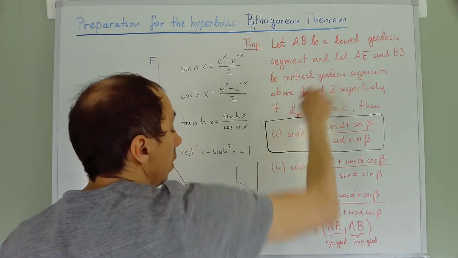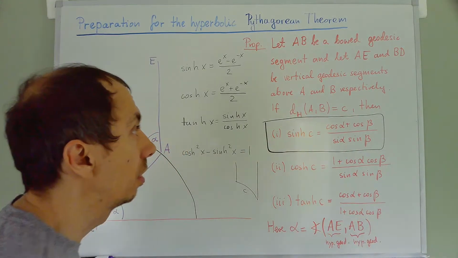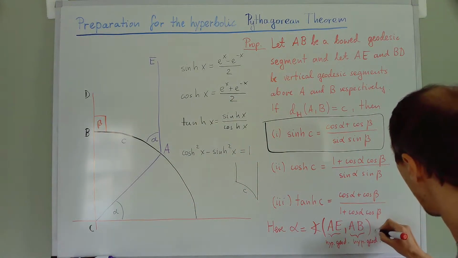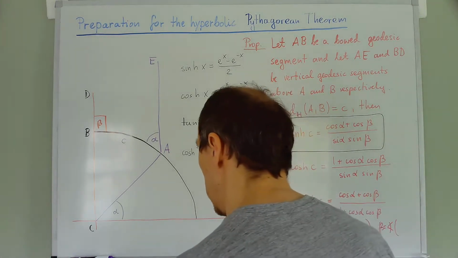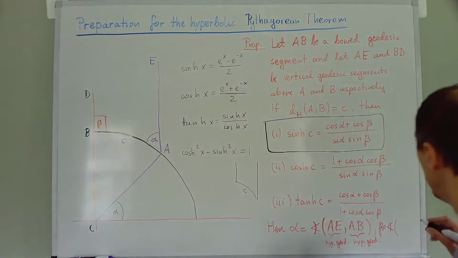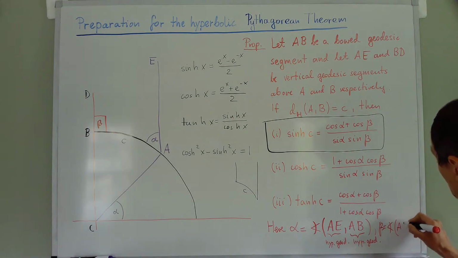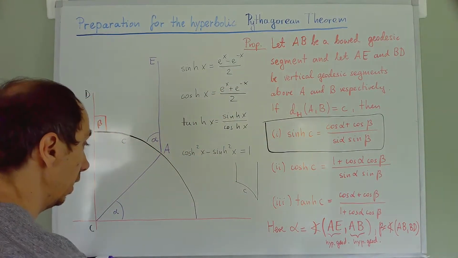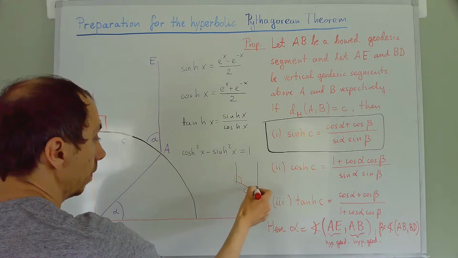Because that's a vertical geodesic, but AB is an actual arc. And what's beta? Similarly, it's the angle between AB and BD. Okay, so in other words, these are sort of these two angles here.